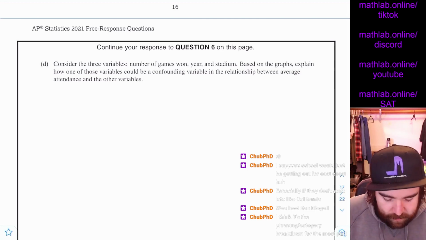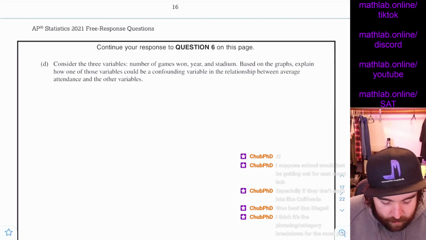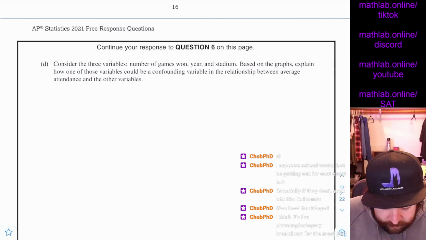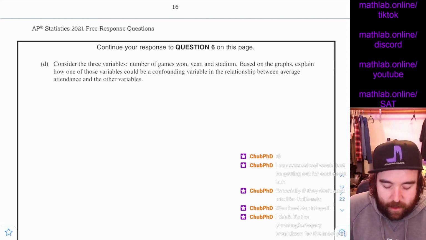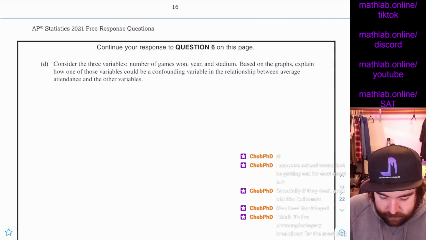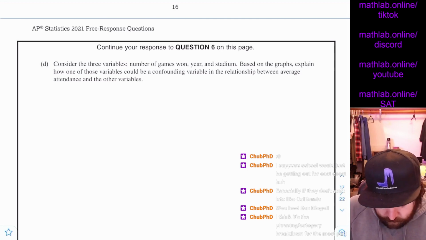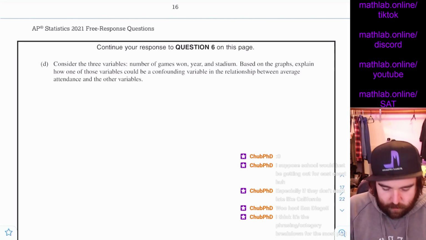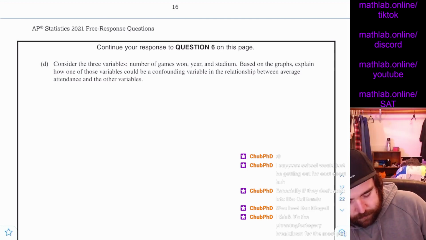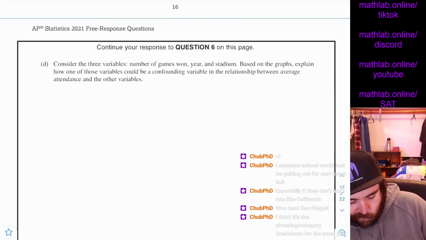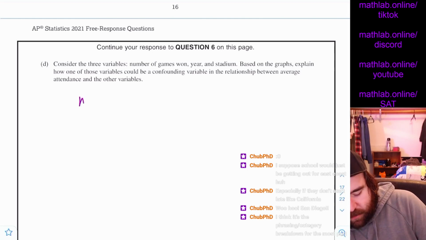So consider the three variables: number of games won, year, and stadium. Based on the graph, explain how one of those variables could be a confounding variable in the relationship between average attendance and the other variables. Okay. So we have to say, I mean, I'm going to go with number of games won is definitely a confounding variable.